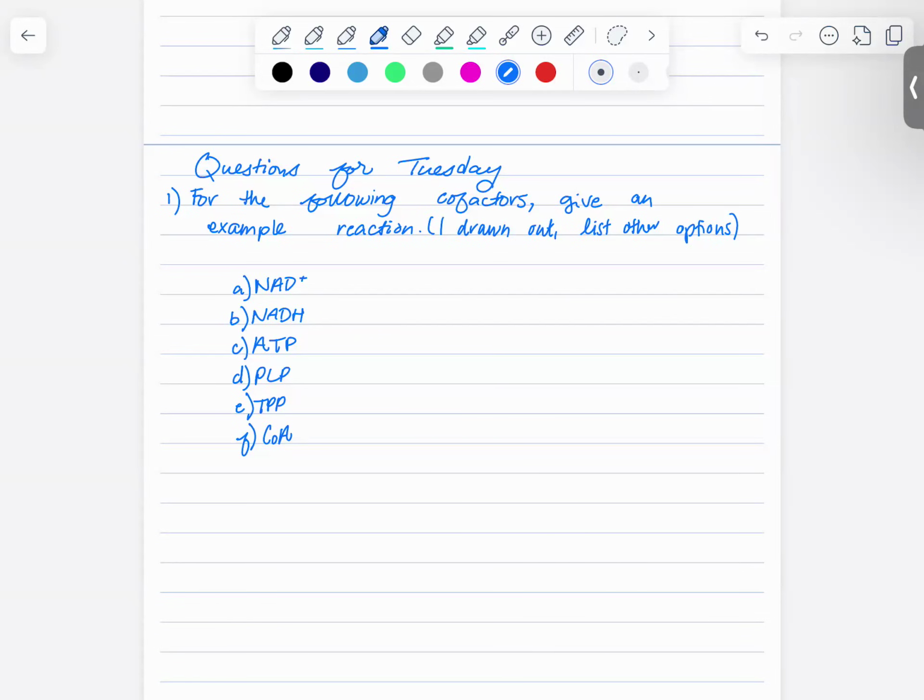Other questions? Yeah. No, no. You don't have to memorize the structure. You should know what part of the structure is important, like if you recognize it, and you should know what reactions they're helpful with.